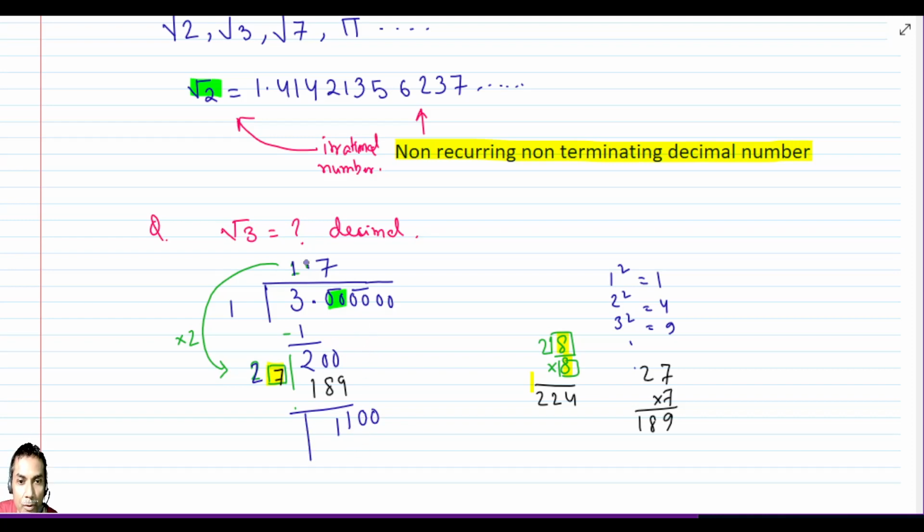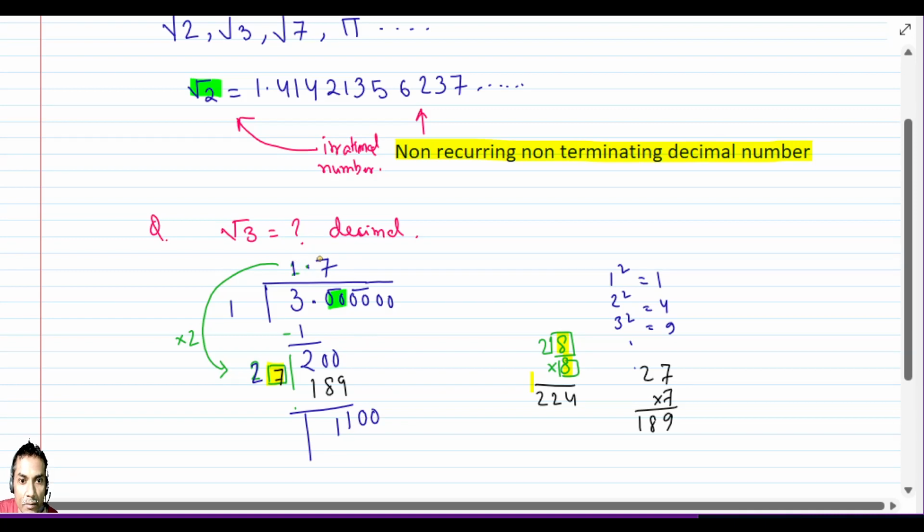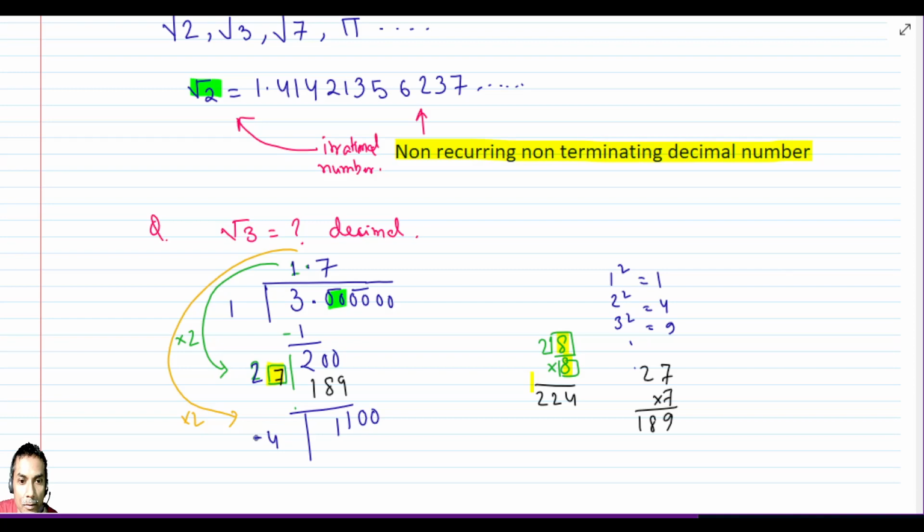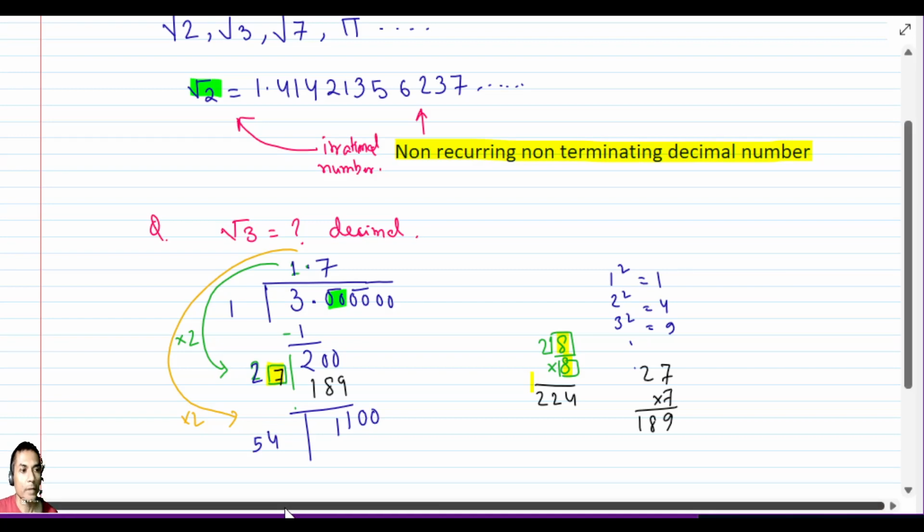Then again you have to multiply this entire value with 2, and we get 34. Clear? Then again you have to choose such a number so that it will be less than 1100.